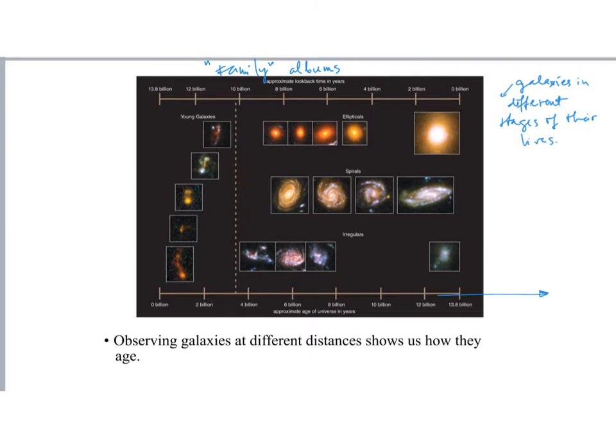So what do we have here? The time goes like this. It starts here, so this is basically the Big Bang, or the beginning of the universe. This is in years, and this would be today. And we take pictures of galaxies at different distances, right?